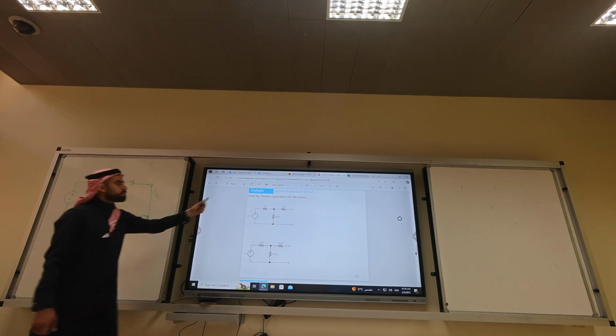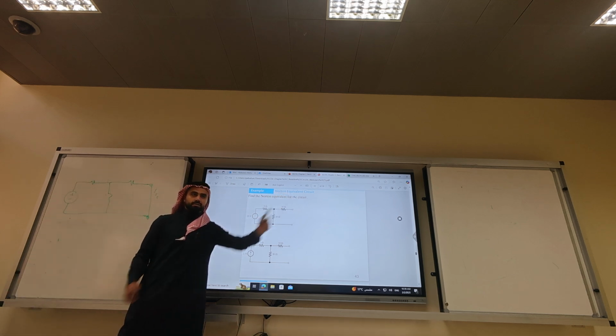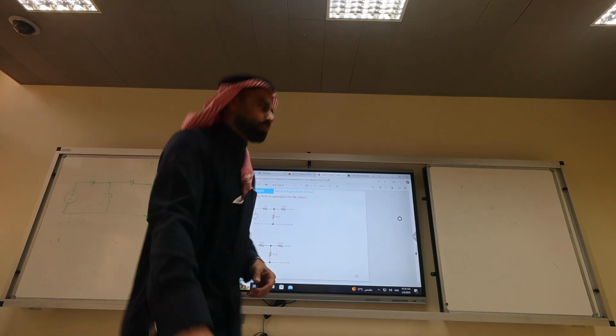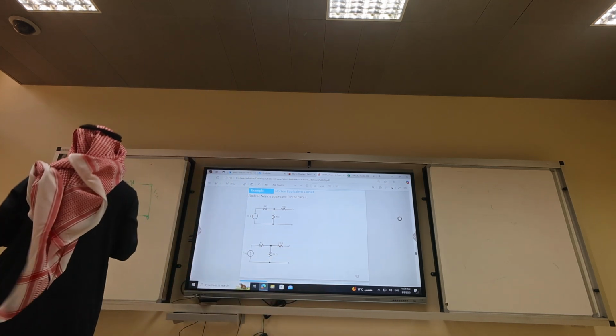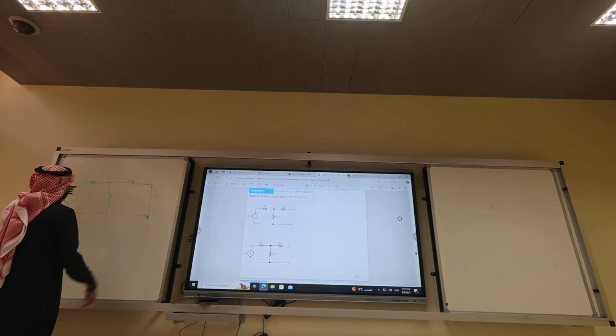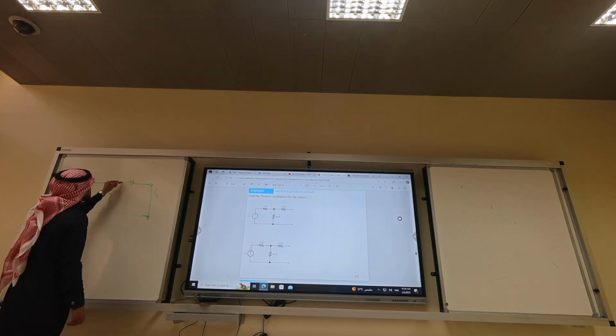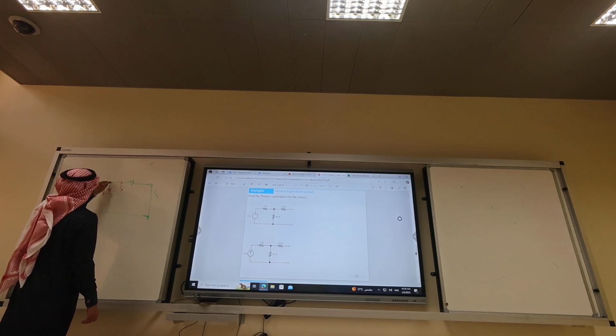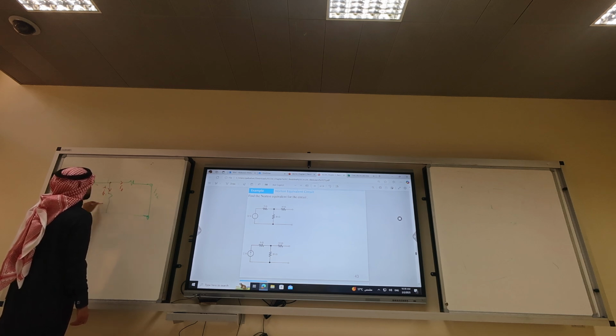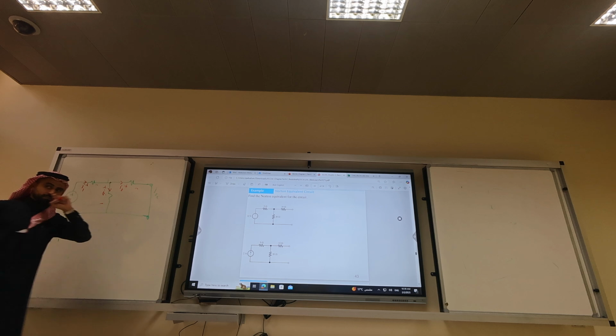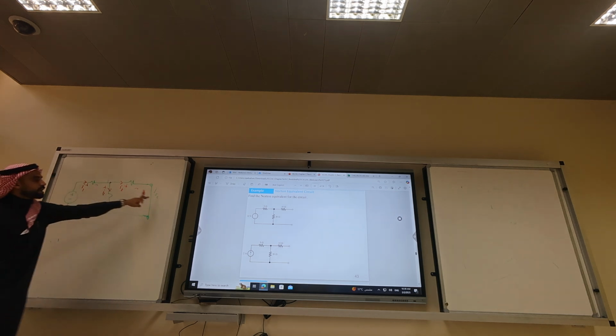We're trying to find Norton short circuit current. Again, we are professional, we need to assign currents. He didn't assign anything. So that's I1, I2, I3, plus minus, plus minus, plus minus. Get it? So I3 is actually I short circuit.